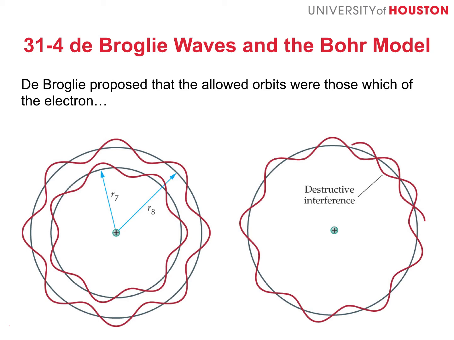For example, if the orbit that corresponds to n equals 7 were to exist, then there would have to be 7 of the electron wavelengths within that orbit. For the orbit n equals 8, there would be 8 of those wavelengths. Orbits that didn't correspond to this condition were said to experience destructive interference, and by that he just meant that they can't exist.